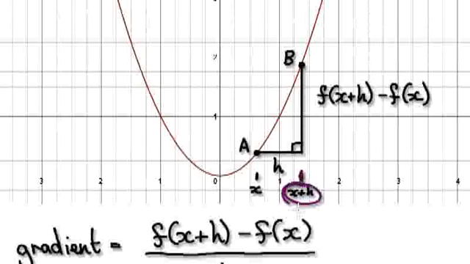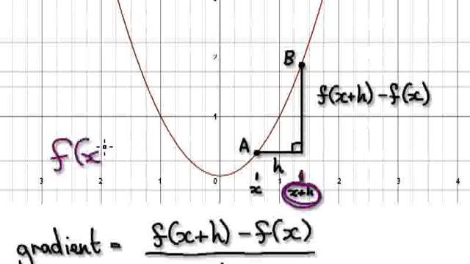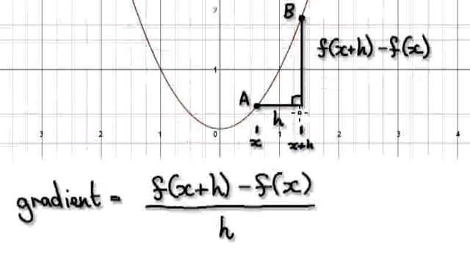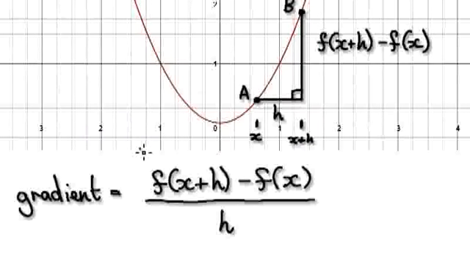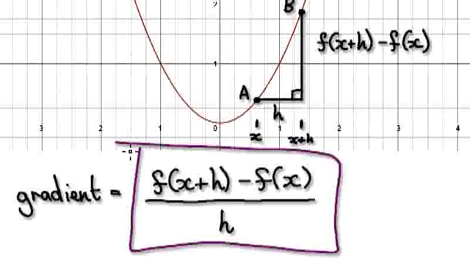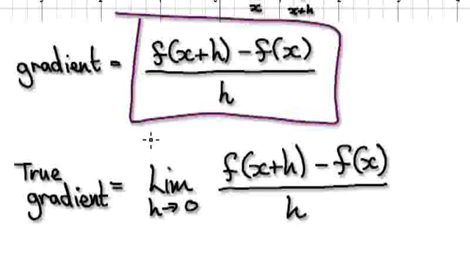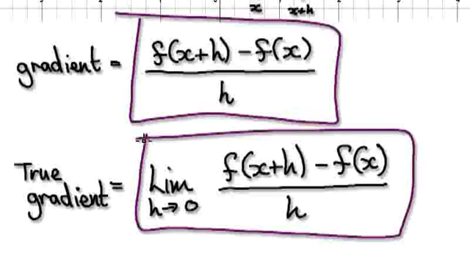When you put this value into our function, x squared, it will immediately give you this point here, this height here. So we started out by saying that the gradient between A and B is given by this, but the true gradient would be when you take the limit as h tends to 0.